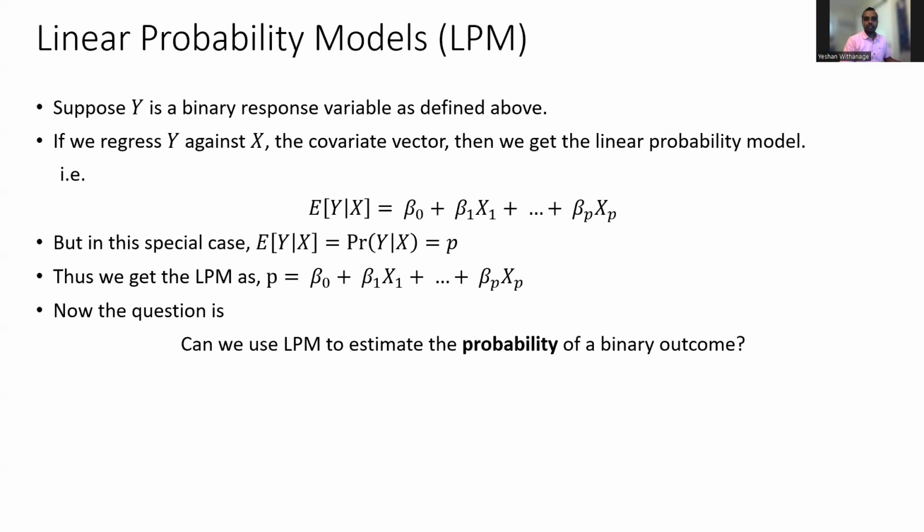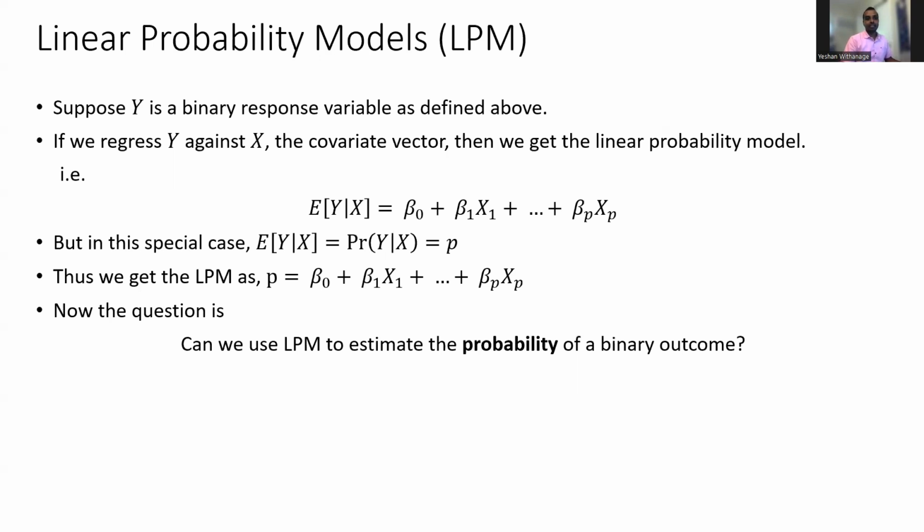Like we try to model the status of an ill person after a medical treatment. So we need to know if this person is recovered or not. So it has two possible outcomes. So that's why we call it a binary variable. If we simply use the linear regression model with this binary response variable, we will get the so-called linear probability model.